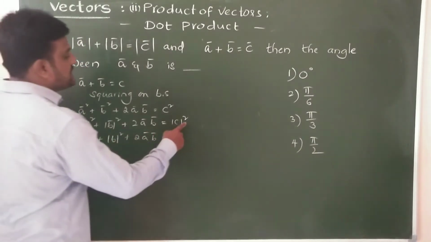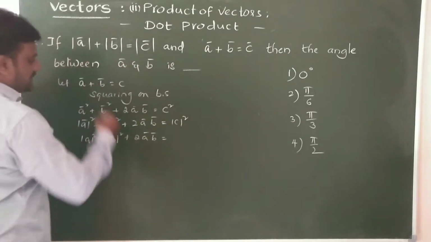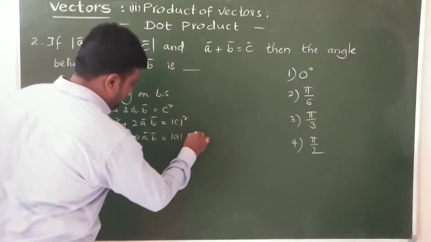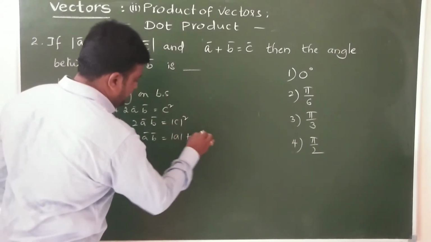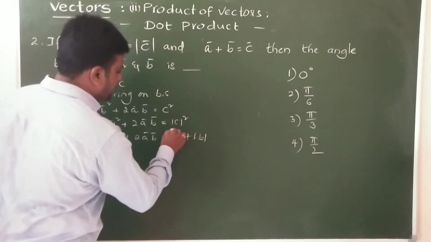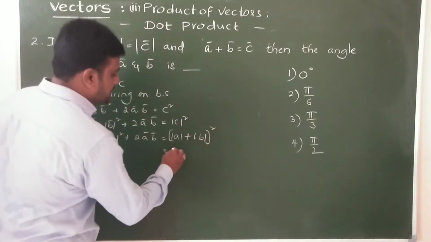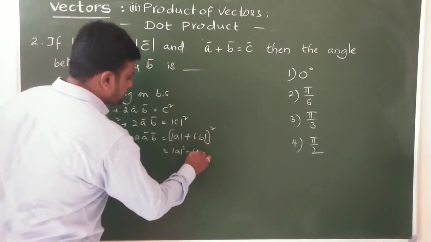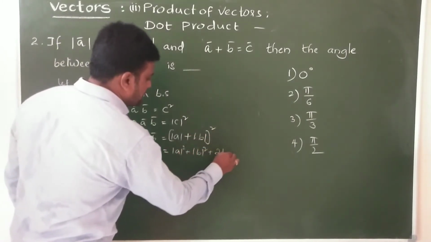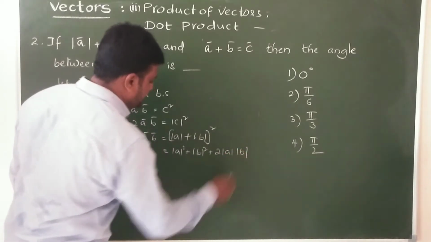Now mod C equals mod A plus mod B, whole square. Then that equals mod A square plus mod B square plus 2 mod A mod B.